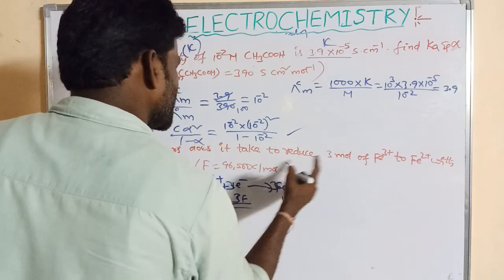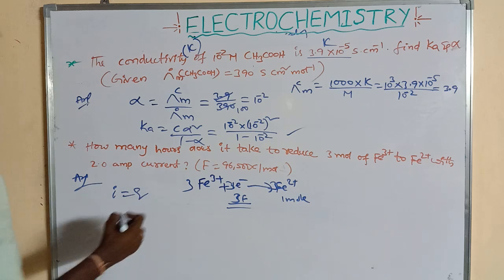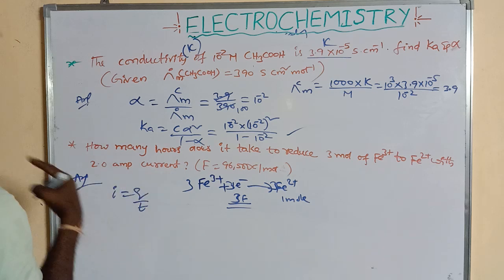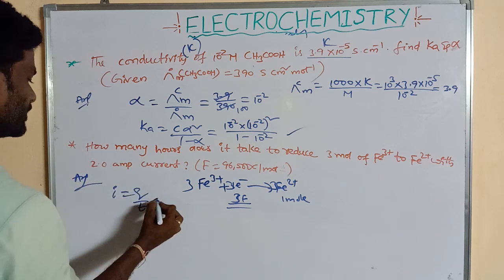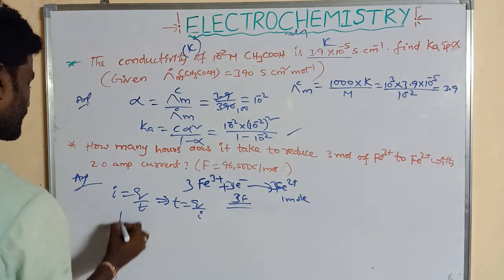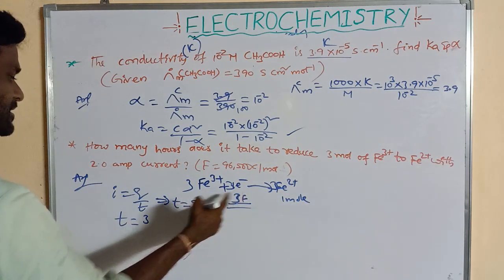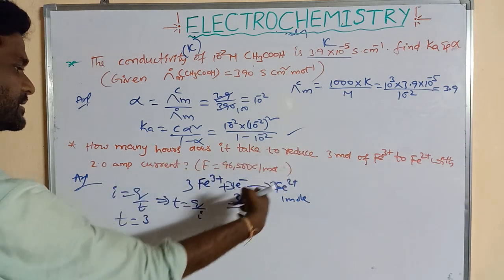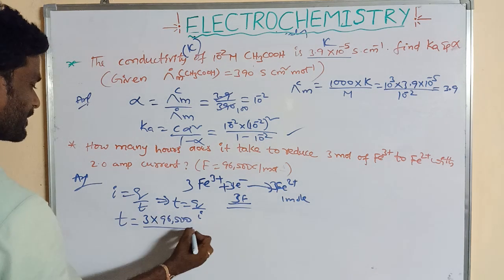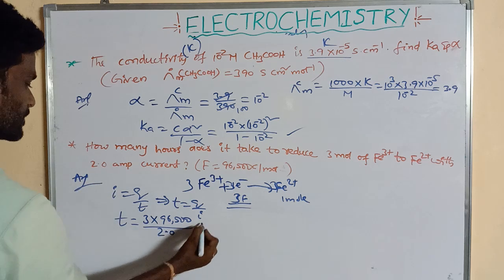So here what is its charge? We know that I is equal to Q by T. Here the current is 2 ampere, time is to be found. So therefore time T is equal to Q by I. Time T is equal to Q, charge, 3 farad, where 1 farad is equal to 96,500 coulombs, by I, current 2.0 ampere.